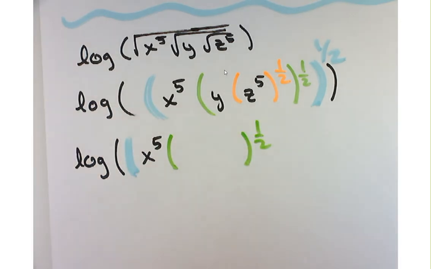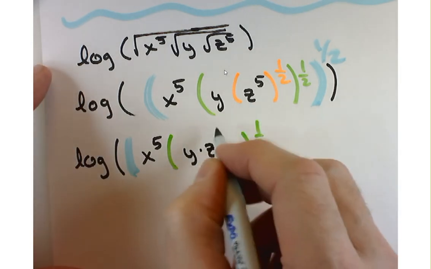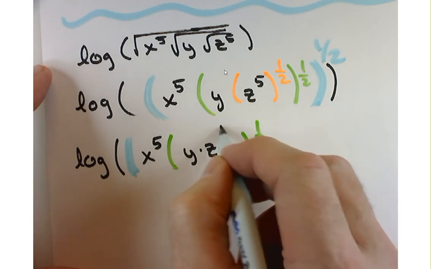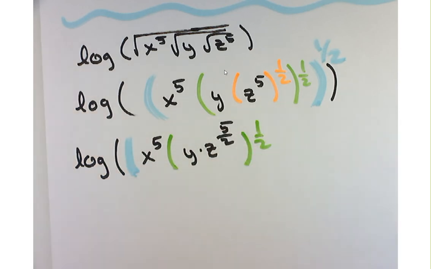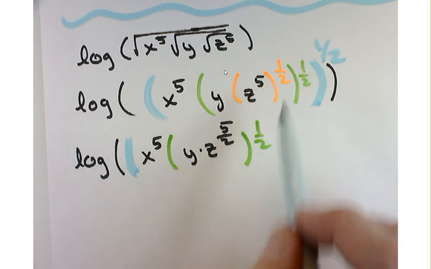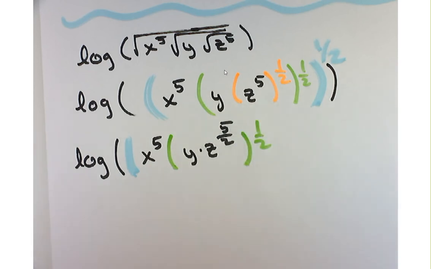Multiply. They multiply. So this would be y times z to what power? 5 over 2, right? You think of that as being 5 over 1 times 1 over 2. That's going to give you 5 over 2. So I got rid of that middle parenthesis.